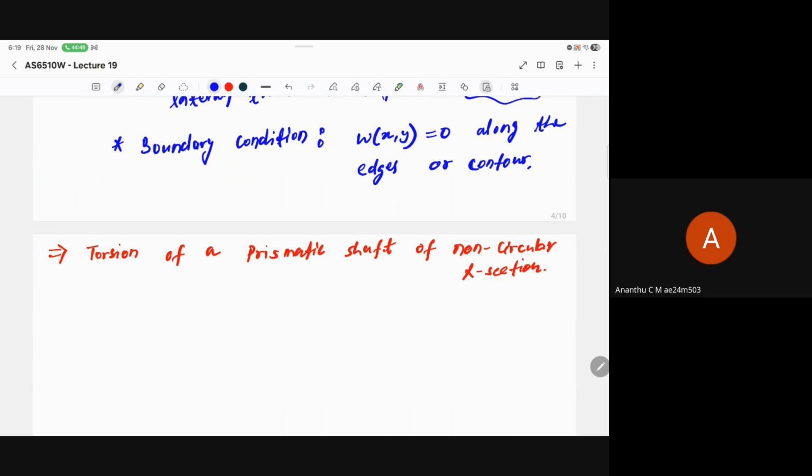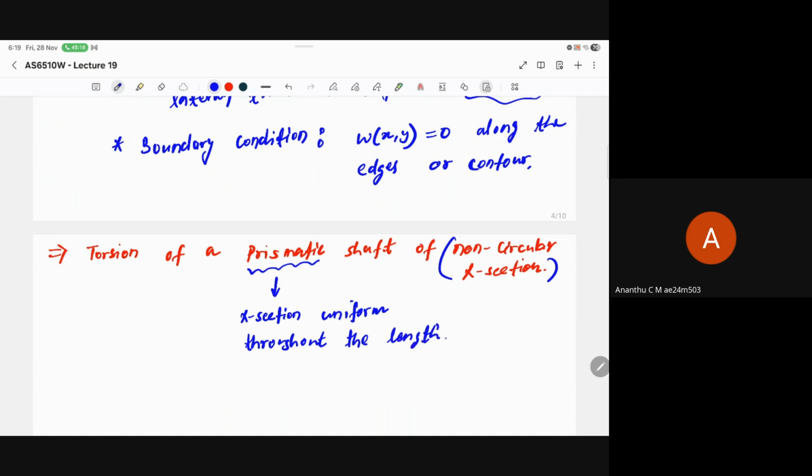Just to define, prismatic means that whatever the cross section, and we are saying non-circular cross section, right? Whether it is a non-circular or circular cross section, prismatic means the cross section is uniform throughout the length.